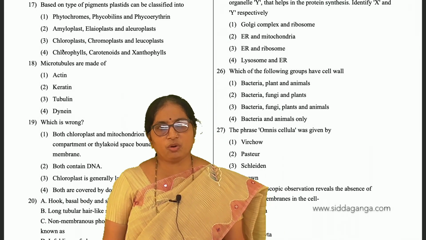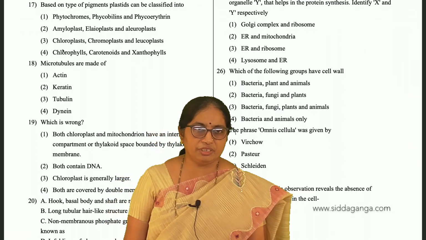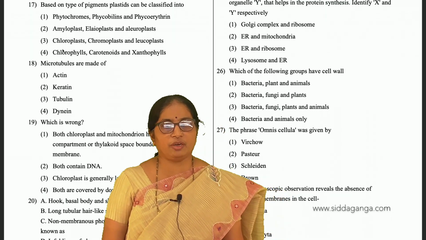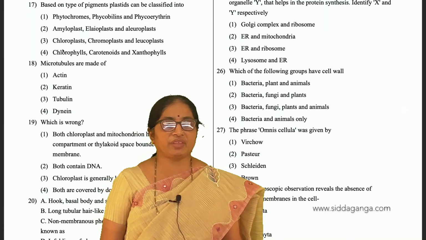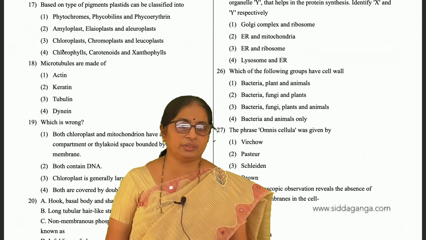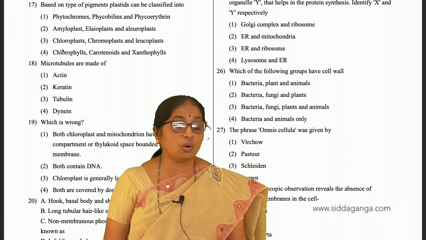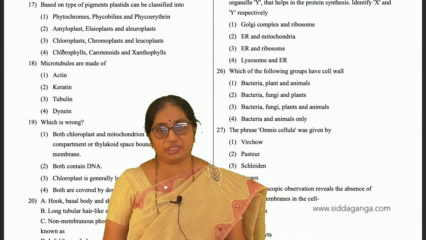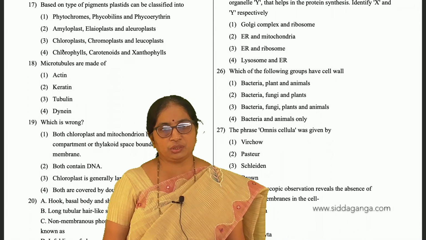The second is amyloplast, elaioplast and aleuroplast, or three types of leucoplasts. Amyloplasts store carbohydrates, the elaioplasts store oils in them, and the aleuroplasts store proteins in them. Next, option 4, chlorophylls, carotenoids and xanthophylls. As we know, chlorophylls are green colored pigments.